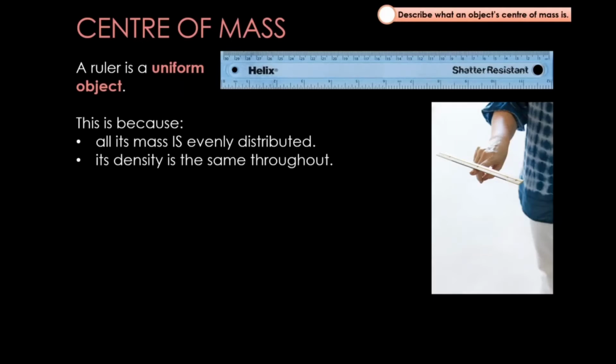So we call a ruler a uniform object. It's a term that you need to remember and be aware of. So we get that balancing happening at that central point, 15 centimeters on a 30 centimeter ruler.